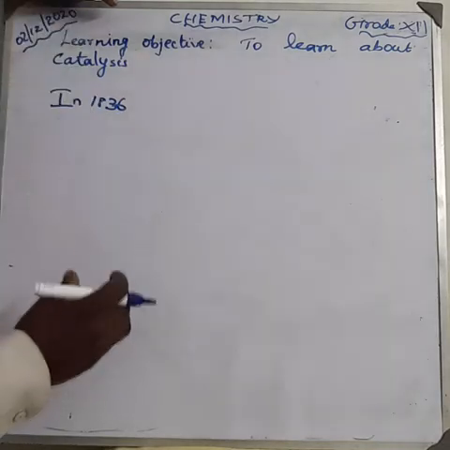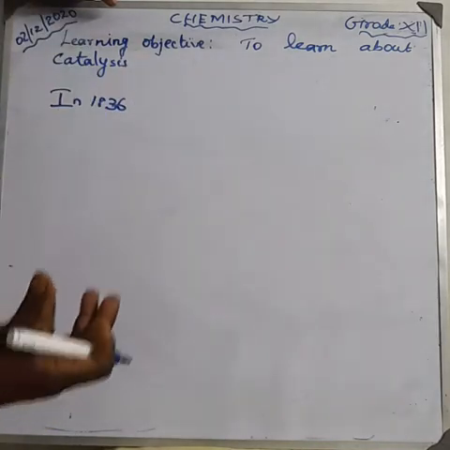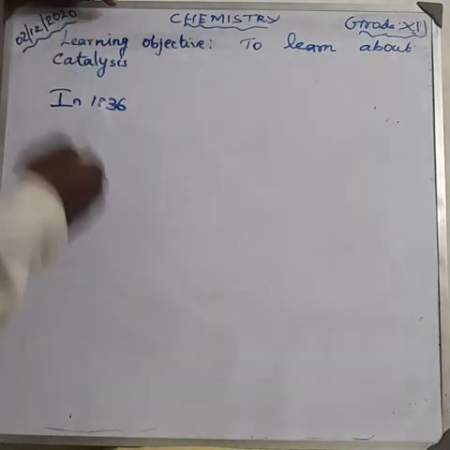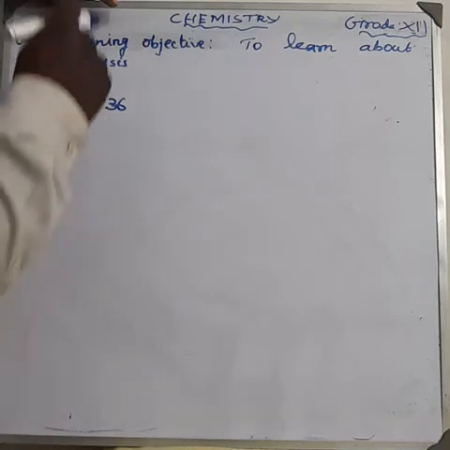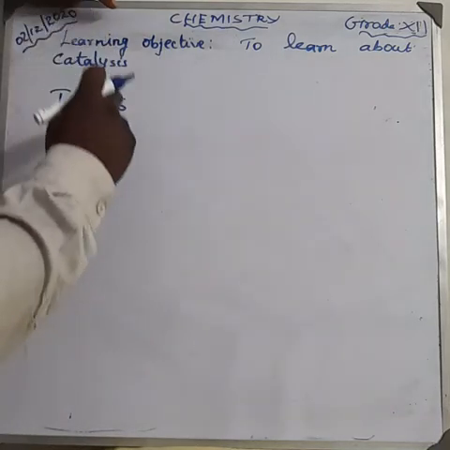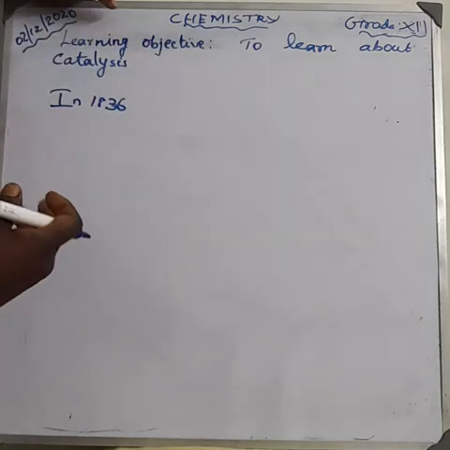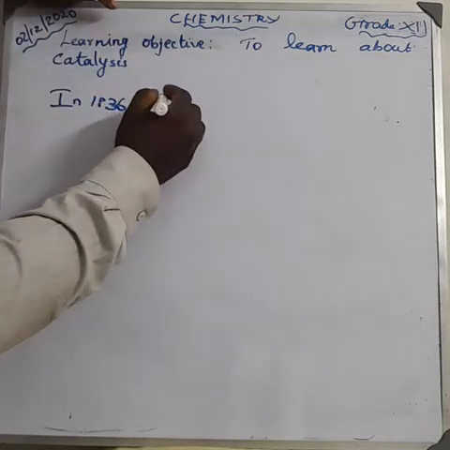That particular substance can increase the rate of the reaction. Am I right? And one more point, he also found that these substances did not undergo any chemical change. So he gave the name catalyst. What? Catalyst.